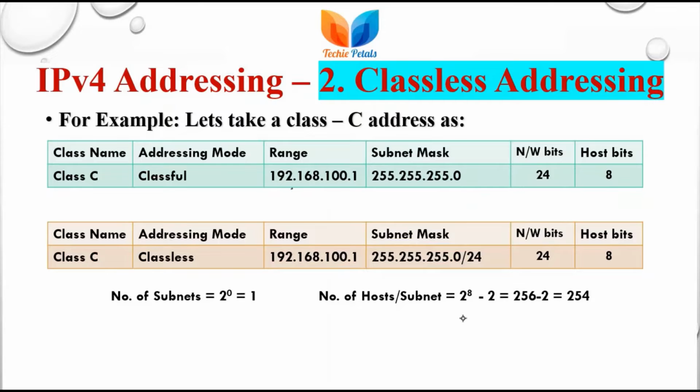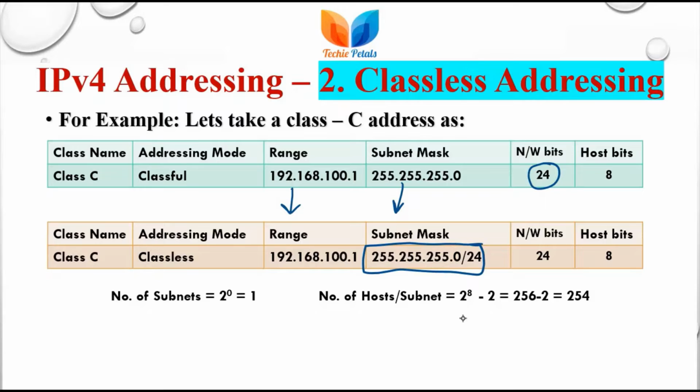Similarly, if we are representing the same address with classless addressing, and we are having the same IP address, even then if you are having 24 network bits only, then everything will be same, means number of hosts, number of networks, everything will be same. Just we need to write it like this.